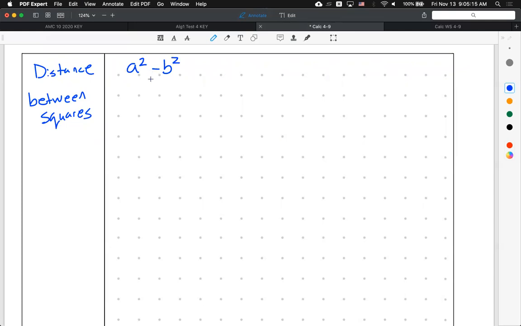But you guys know this. A squared minus b squared, that's a formula. That's a difference of squares. How do I factor that? It's a plus b times a minus b, which is the equivalent of saying add the square roots.